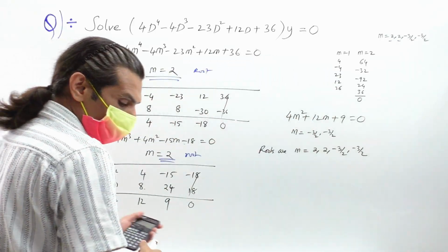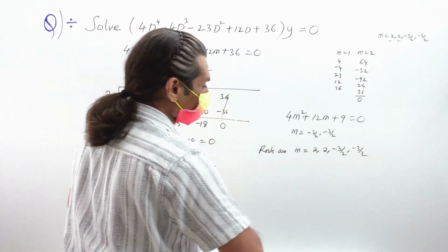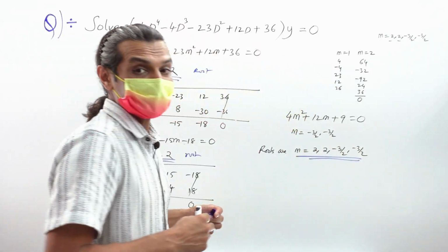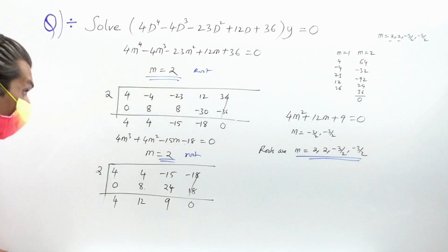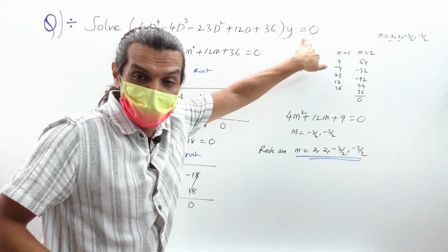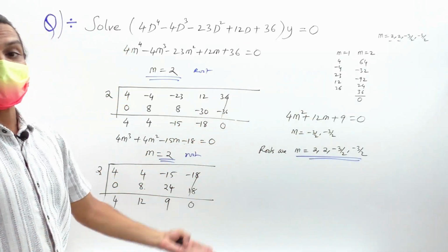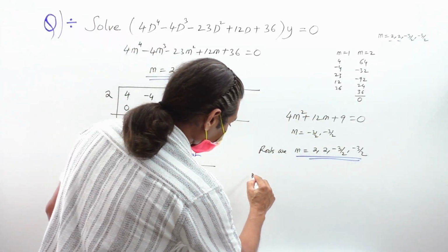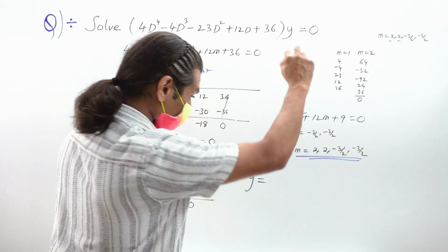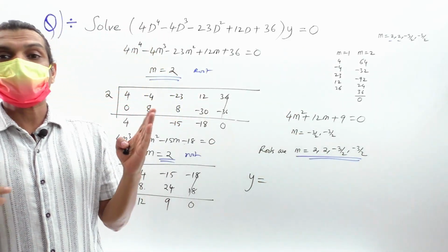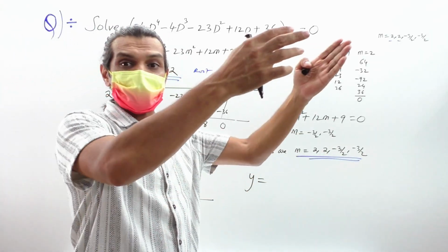And as we know, the solution here is only the complementary function. Why? Because the right hand side is 0. Okay, there is no PI. That means the solution here is y is equal to, I write here, when the roots are repeated, go back to the previous video, all the detailed theory is over there.